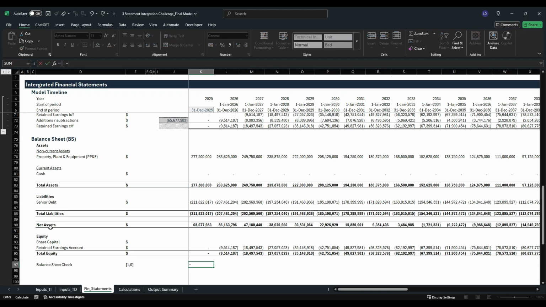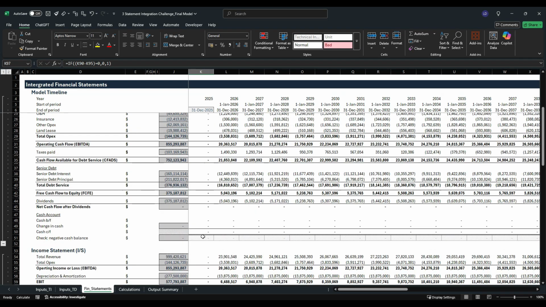Our balance sheet check will be if our net assets minus our total equity equals 0. So let's put that actually in parentheses. If that equals 0, then we are fine. We want a 0, so no flag. Otherwise, we want a 1.